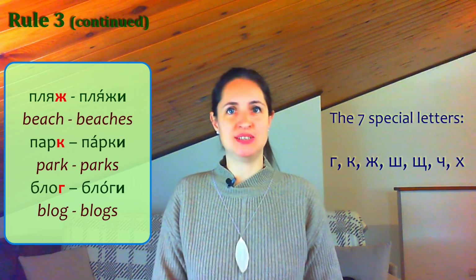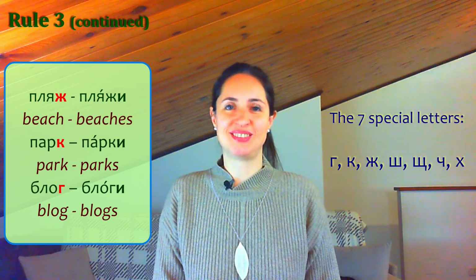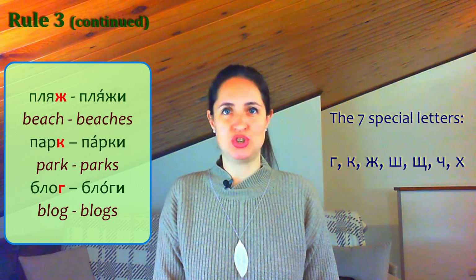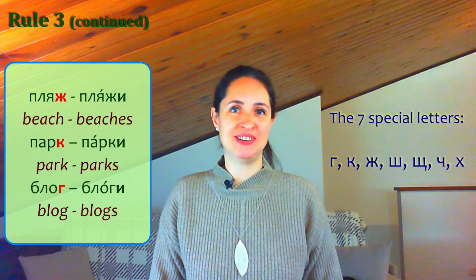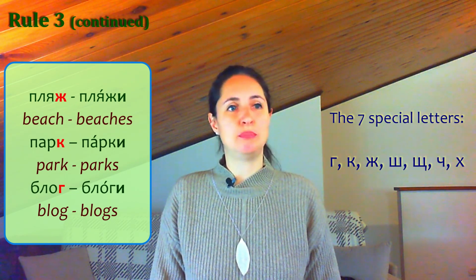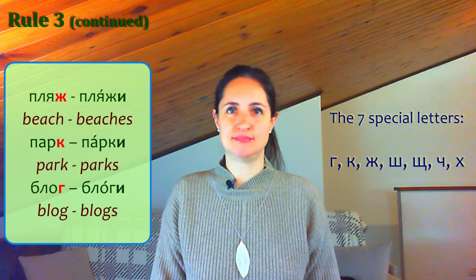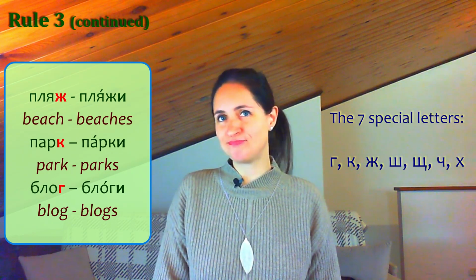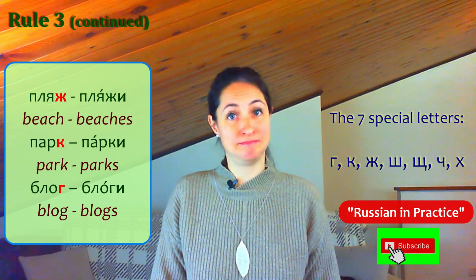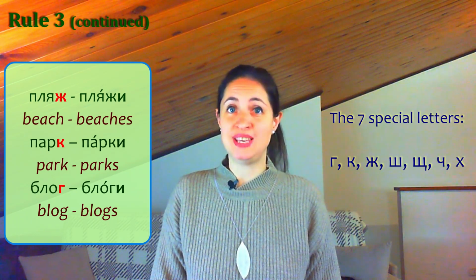Let's pronounce these examples. Пляж, which in its plural form is пляжи. Парк, парки. Блог, блоги.